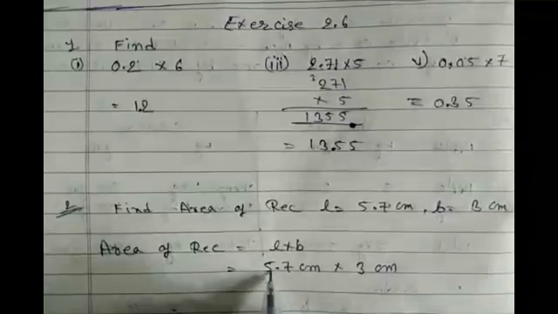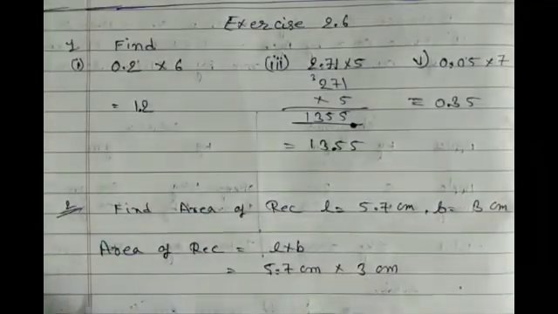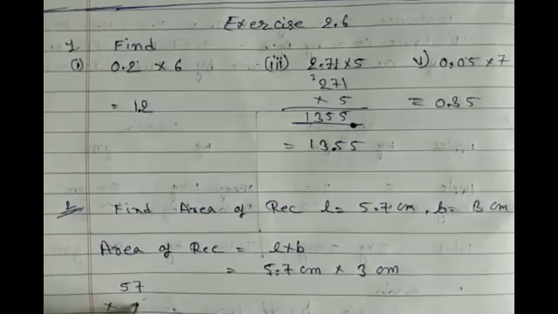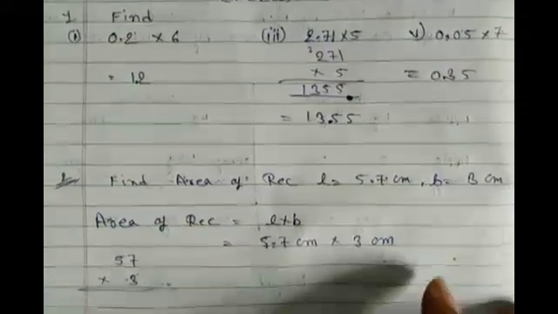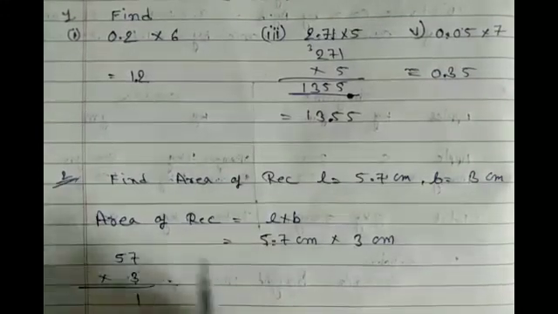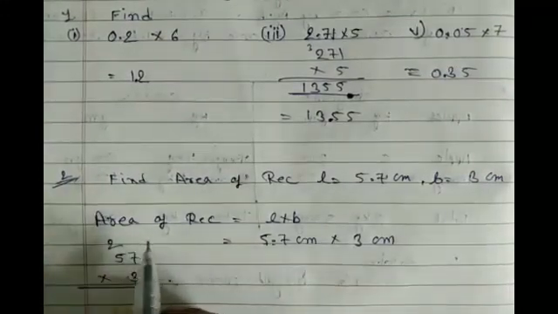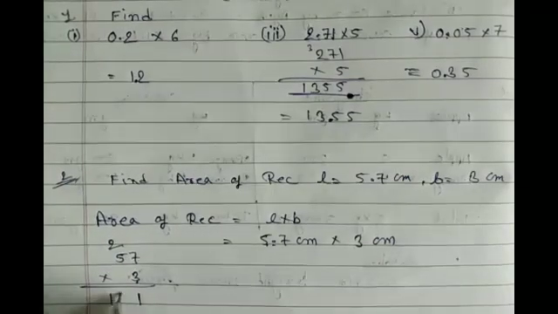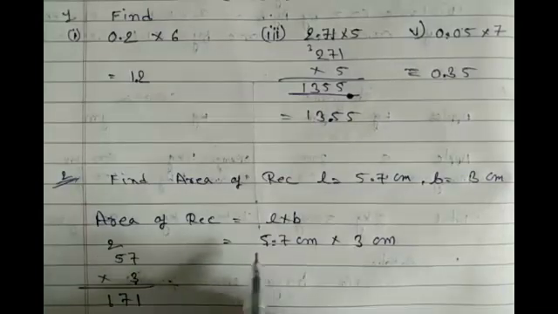Okay. 5.7 into 3 in rough. So we ignore the decimal. 57 into 3. So what do we get? 3 sevens are 21. Carry over 2, 5 threes are 15 plus 2, 17, so 171.